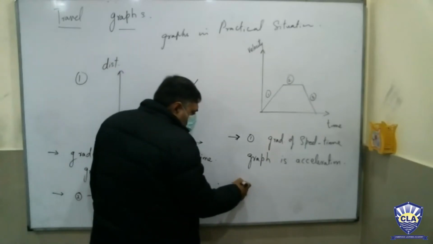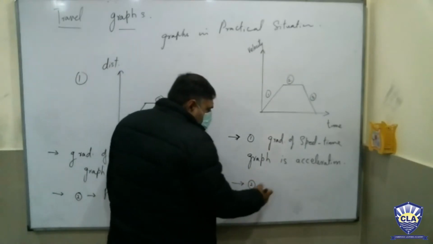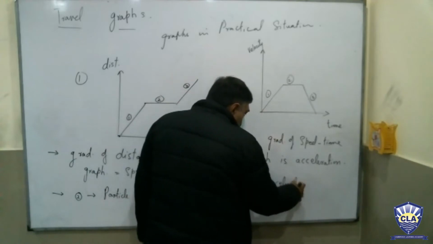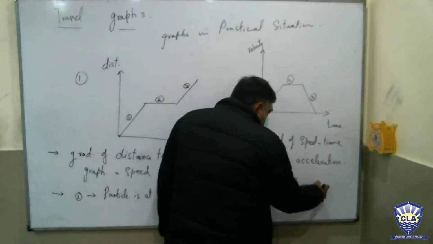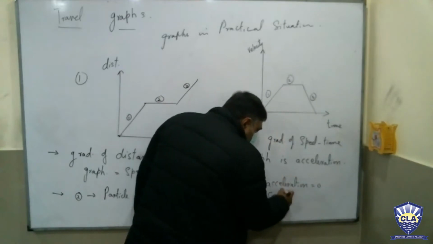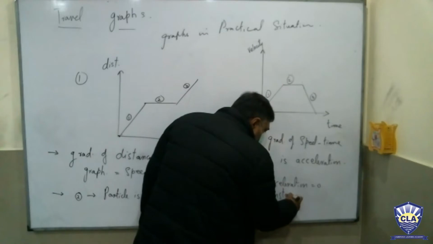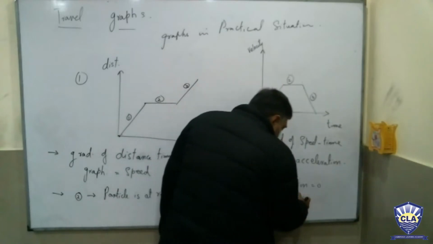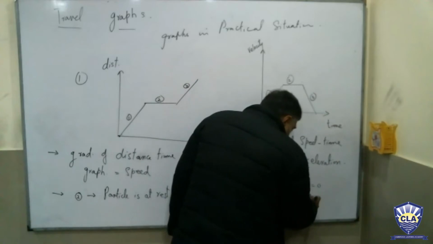Situation number 2, zero acceleration. Acceleration equals 0. Constant speed. Sir, if it is a velocity time graph, shouldn't we write velocity? Okay. Constant speed, constant velocity.